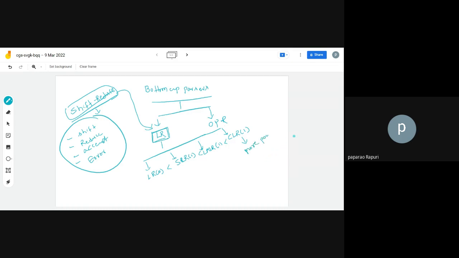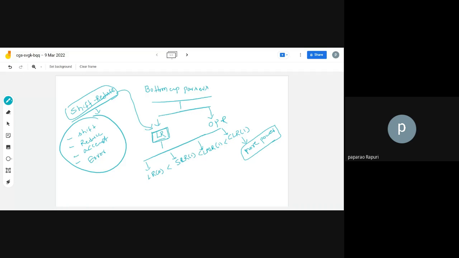Sir, how can we say this is the more powerful parser? By which criteria do we say the given parser is more powerful? Any parser which accepts more number of grammars is more powerful.